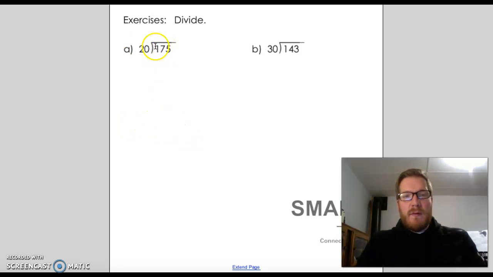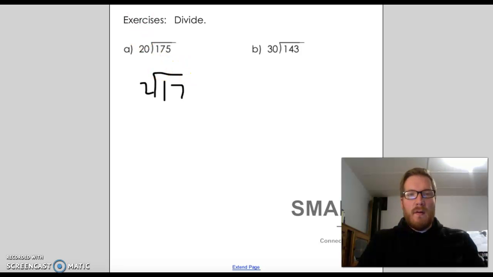So if I'm going to do 20 into 175, an easier question to try to solve is 2 into 17, right? And I know that 2 fits into 17 8 times, because it goes, so it's 16.